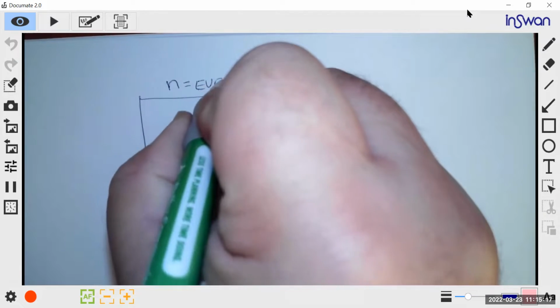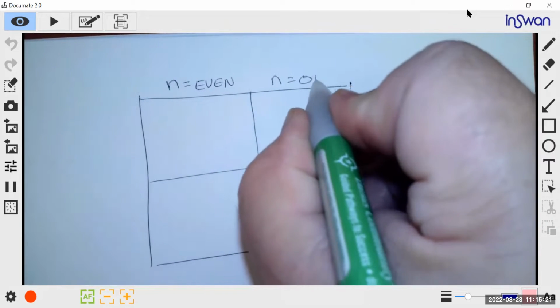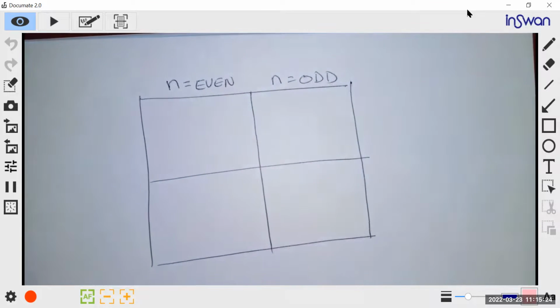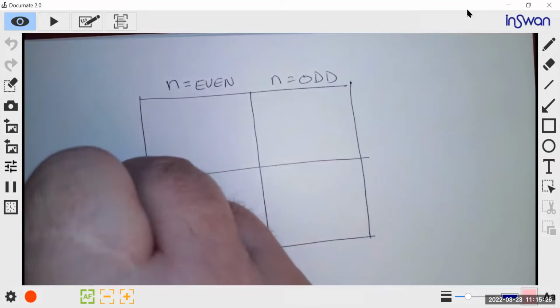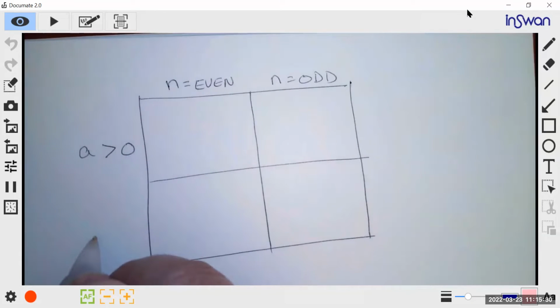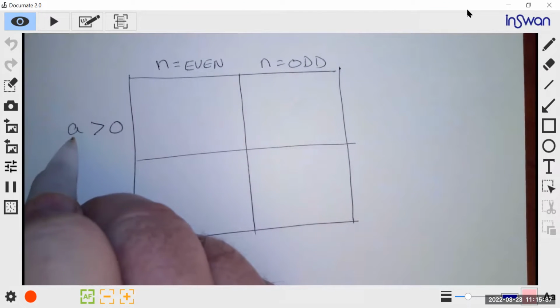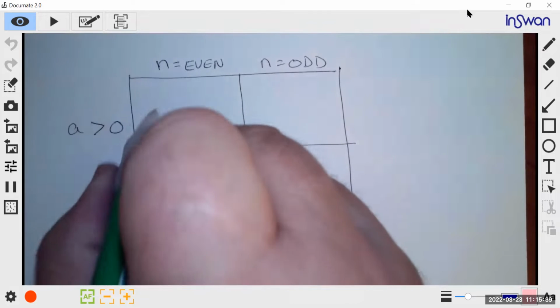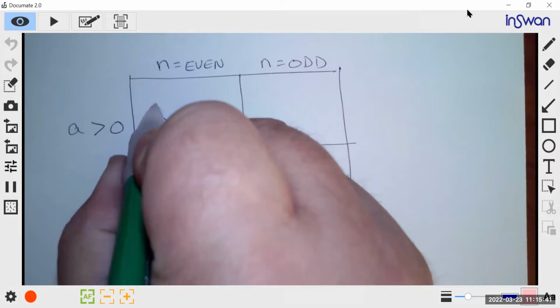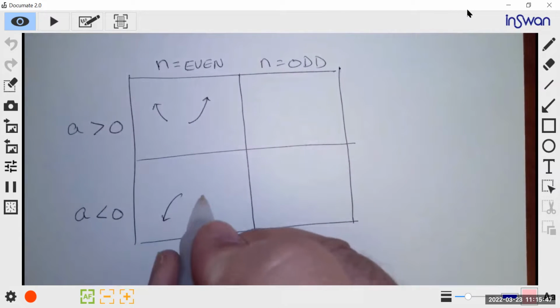The first column, n is even. The second is n is odd. The first row, A is positive and A is negative. If A is positive and it's even, they both point up. If A is negative, they both point down.